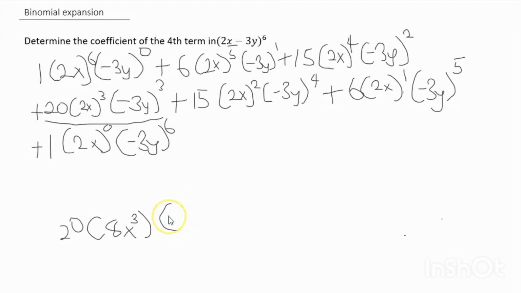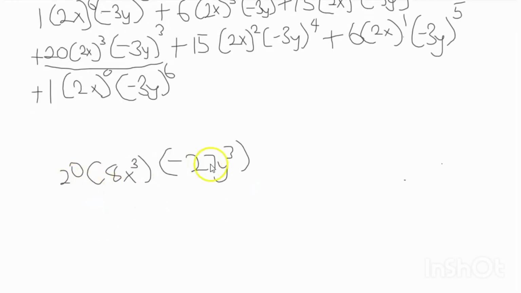So that would be negative 27y cubed. Now let's open all of this up. 20 multiplied by 8 would give us 160. If we multiply that by negative 27, we have minus 4,320 x cubed y cubed.